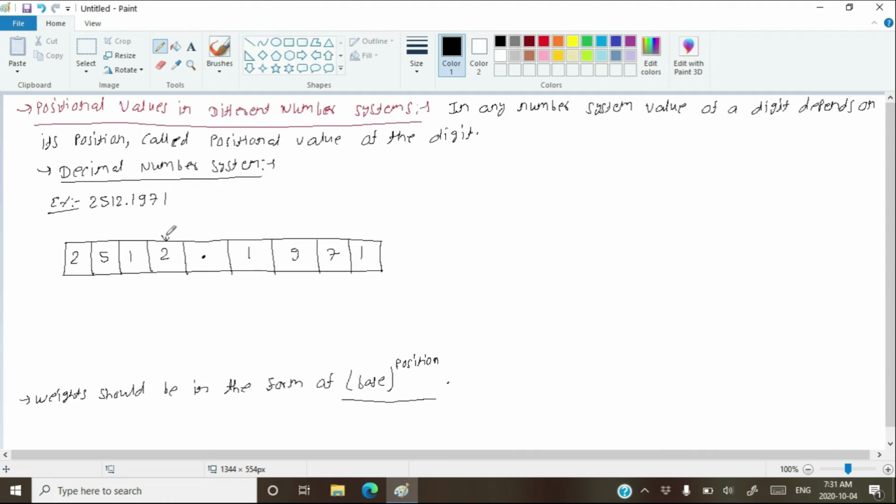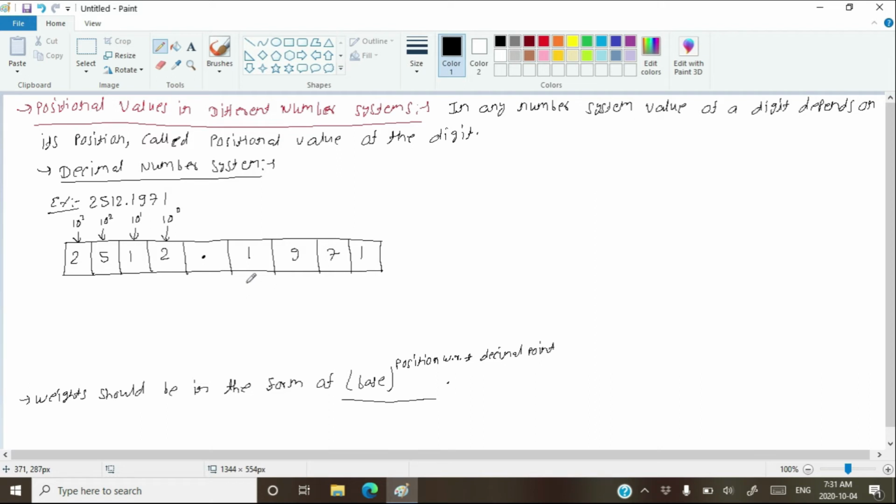Base is 10, so write 10 to the power 0; the position is 0 with respect to the decimal point. So this 2 is at position 0 with respect to the decimal point, and its weight will be 10 to the power 0. The weight of this digit will be 10 to the power 1, this one 10 to the power 2, and this one 10 to the power 3.